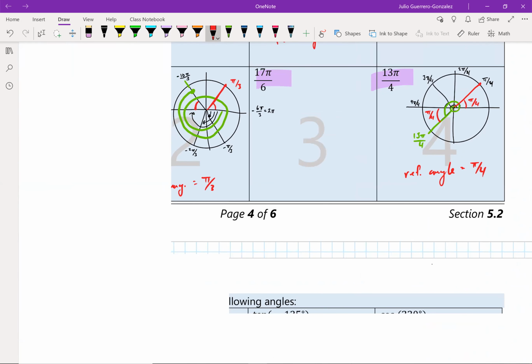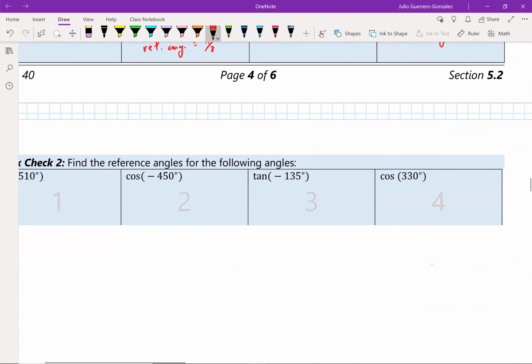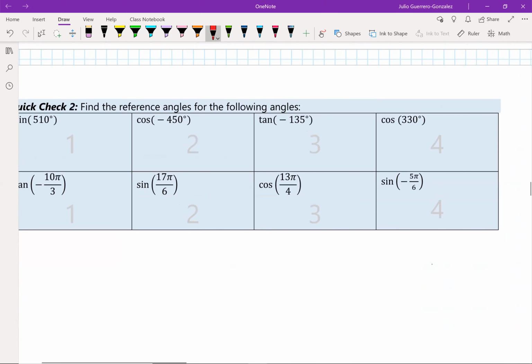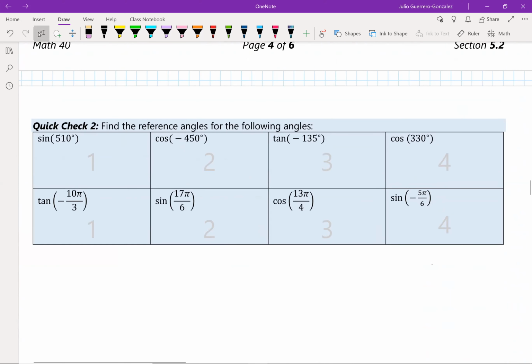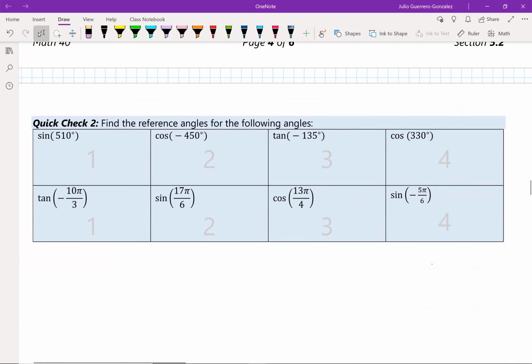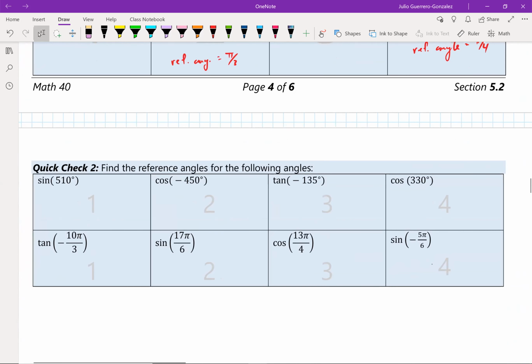The next example that I have spells out the really good stuff. All of these angles are the angles that are above it. So what I want you to do now is find the sine of 510, cosine of minus 450, all of those.